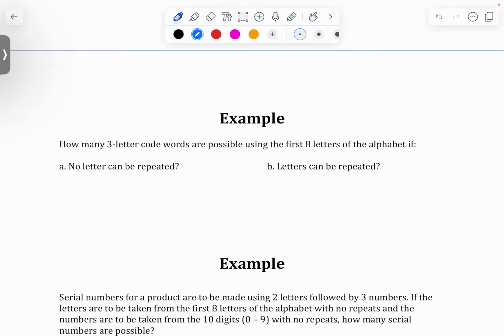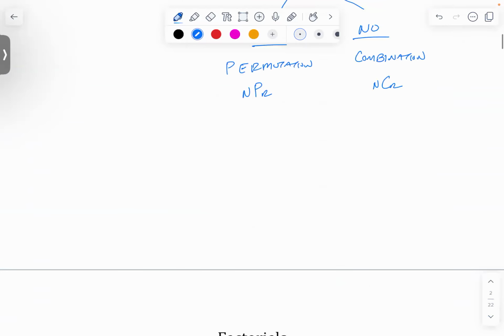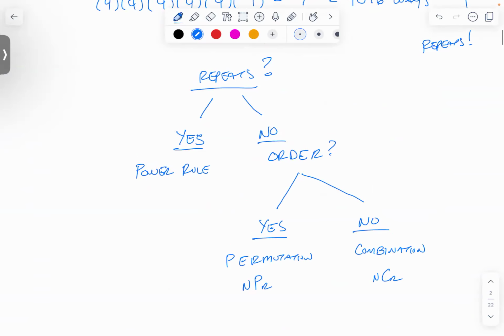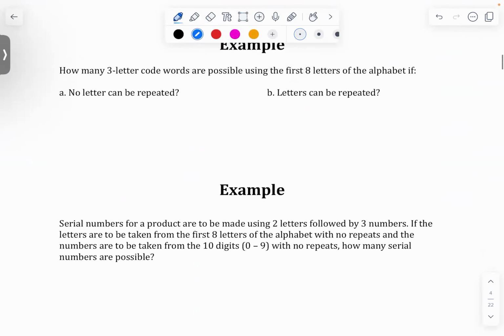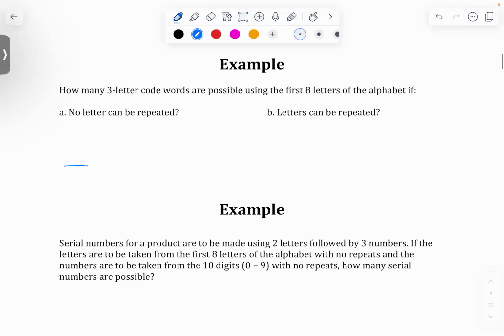So, how many 3-letter code words are possible using the first 8 letters of the alphabet, if no letter can be repeated? Well, by definition, no repeats. That means we go down the right side of this tree, and order does matter. So right, then left, and oh, look, we're in a permutation. I can do this with the blank method. 3-letter code words means I have 3 blanks.